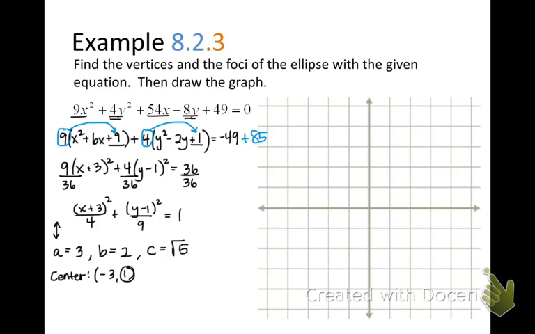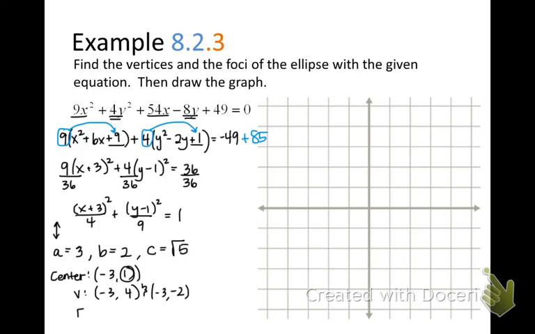So I'm going to circle that so that I remember this is the one that I'm adding or subtracting from. So when I do my vertices, which value am I adding or subtracting? A, which is 3. So if I take 1 and add 3, I'm up at 4. If I take 1 and subtract 3, then I'm at -2, okay?